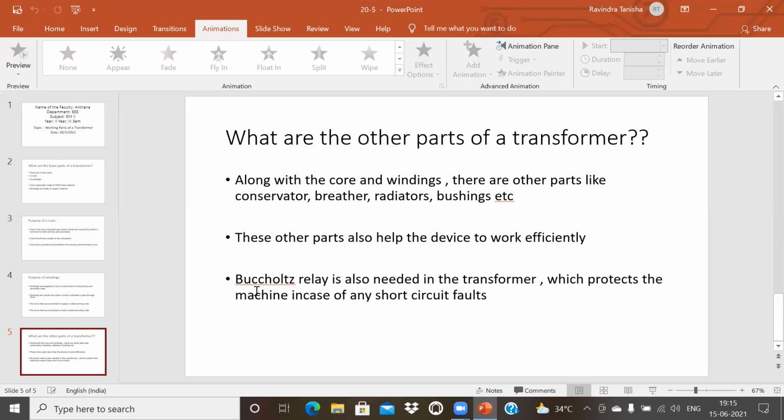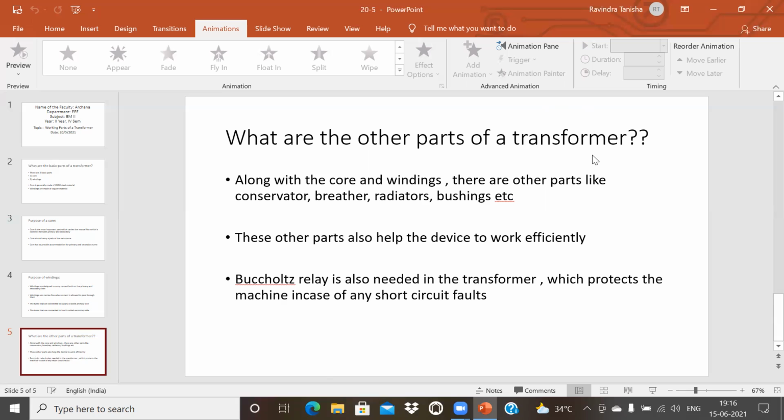Every big size transformer needs this Buchholz relay. It is a protective mechanism that protects the machine if any failure or fault occurs. All these parts together constitute the construction of a transformer.